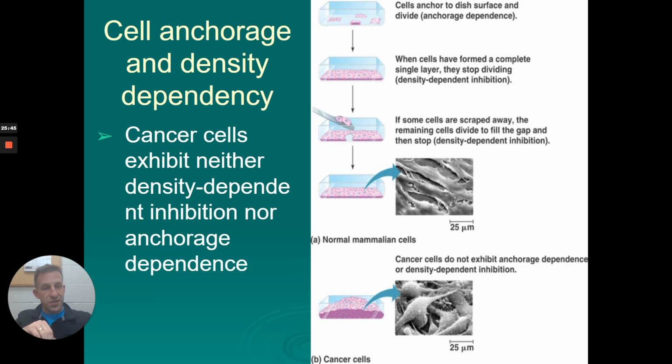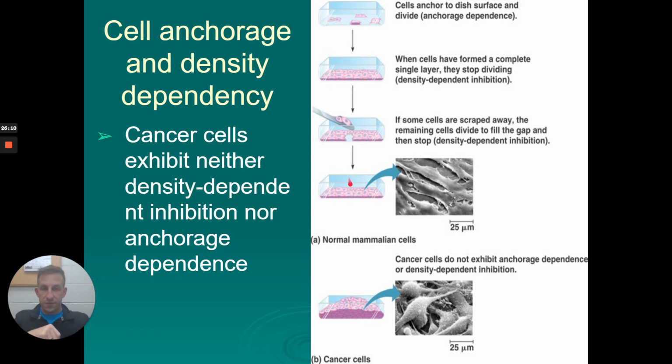Now, if some of those cells are removed, like we see here, to kind of mimic maybe tissue damage, like you've cut yourself or something like that, this guy is removing some of these cells here, leaves a hole in this tissue layer. The cells around it are going to send out a signal that says, okay, there's a gap in our tissue. It sends a signal that says, okay, we need to start dividing to fill in the gap.